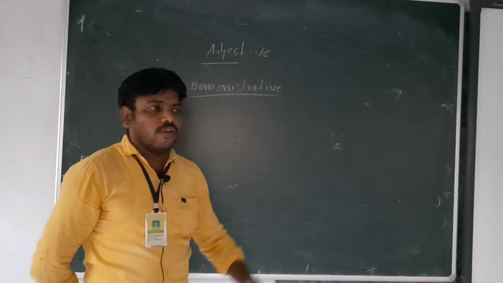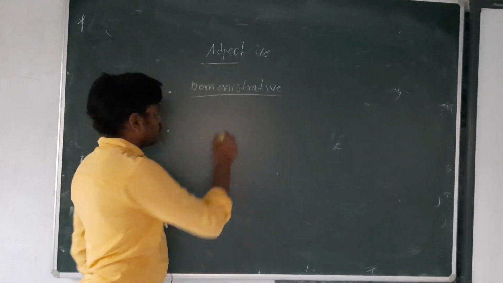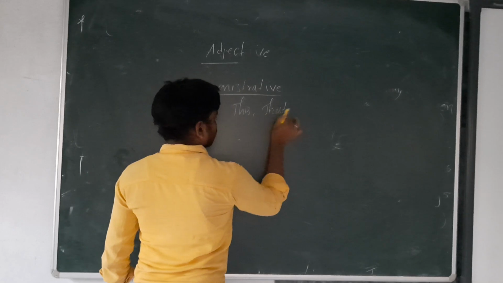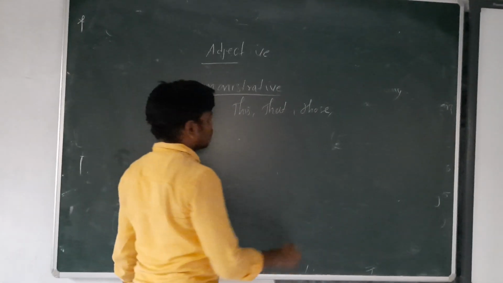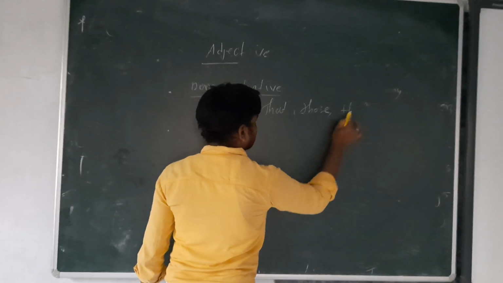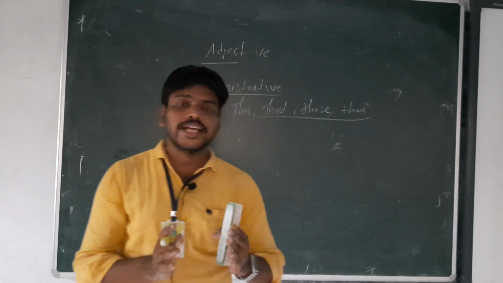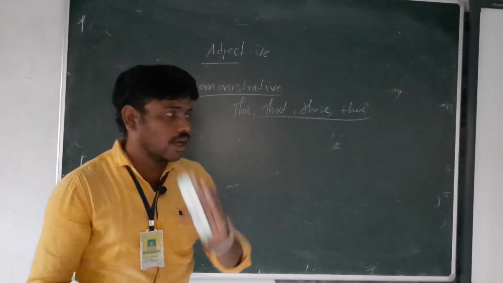When we point out certain things, it is called demonstrative. So what are demonstrative pronouns? This, that, these, those, all are called demonstrative pronouns. Now I will explain the difference.